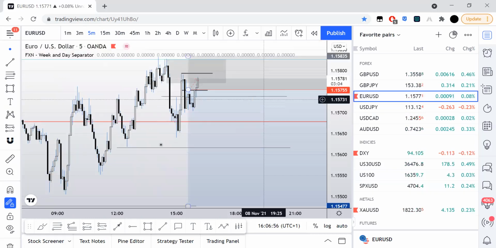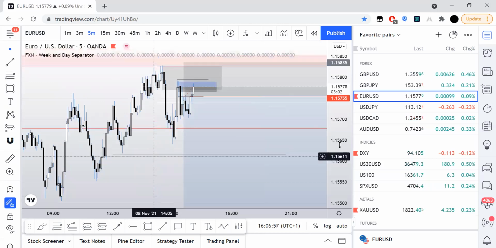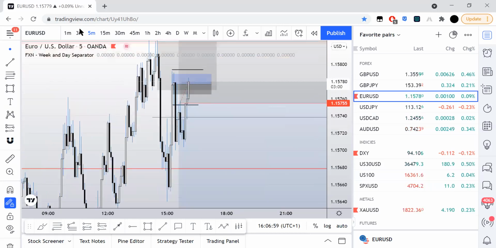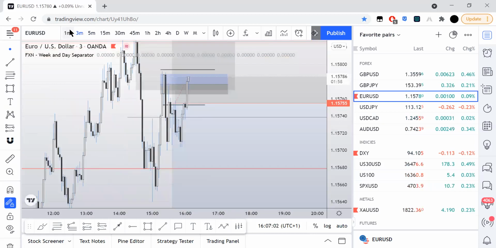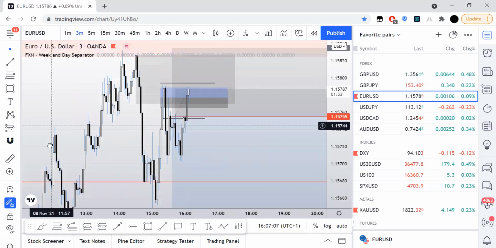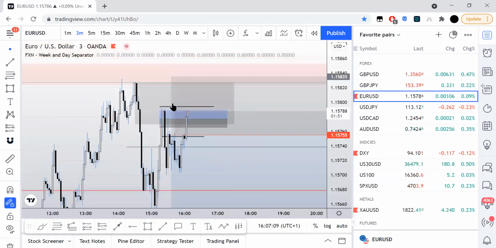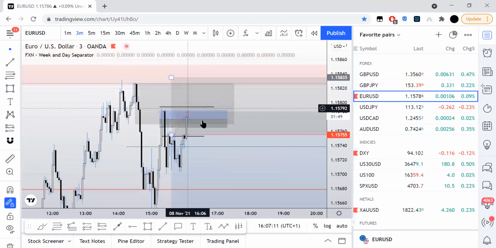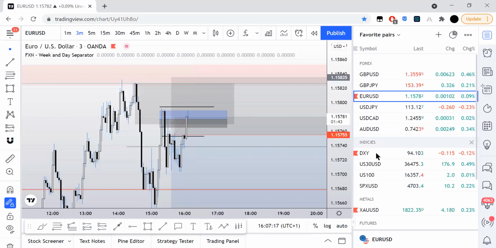EU, I probably would have cut half, no, not yet. As soon as we take out this high, I'm cutting. Cut. It's a Monday too. I cut almost my full position down there. Yeah, I got my finger on the button right now. I'm just waiting to see what it's going to do.